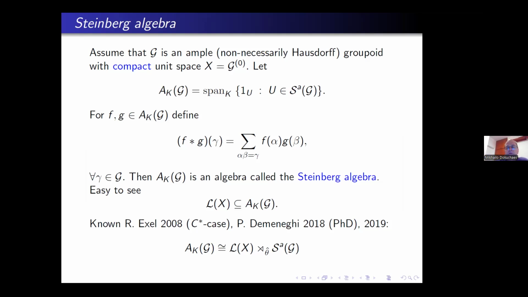It appeared in a purely algebraic context in the PhD thesis of Paulinho de Meneghi, a student of Axel. He also published it in 2019 in Advances in Mathematics. It also appears in the paper by Daniel Gonçalves and maybe Viviane Beuter. So this is a known fact, and we are going to use that fact.